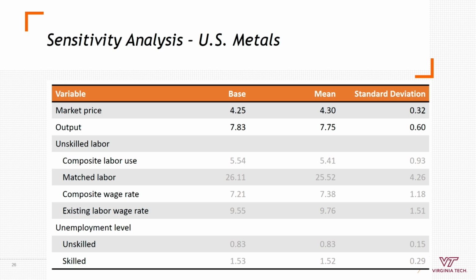And then the last thing, I did some sensitivity on labor supply, the elasticity of substitution between matched and existing, and that gamma, the matching efficiency, the matching supply parameter.